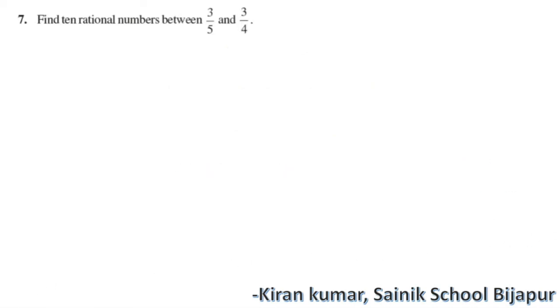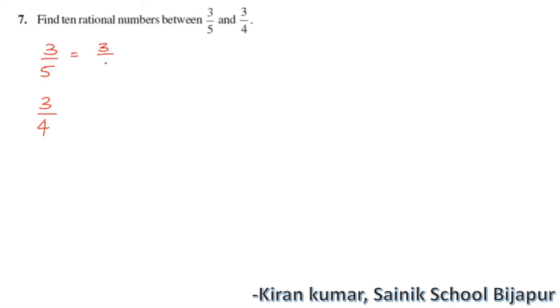Question 7, this is the last question of the exercise. Find 10 rational numbers between 3 by 5 and 3 by 4. Let me write this 3 by 5 as well as 3 by 4 with a common denominator.